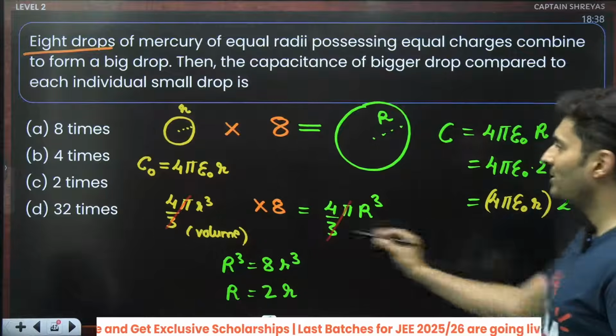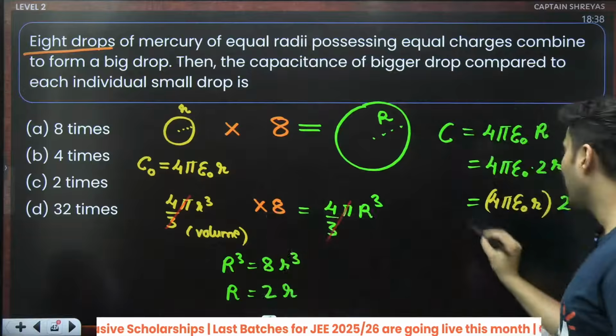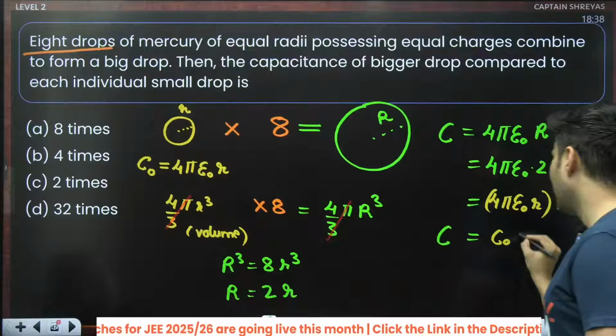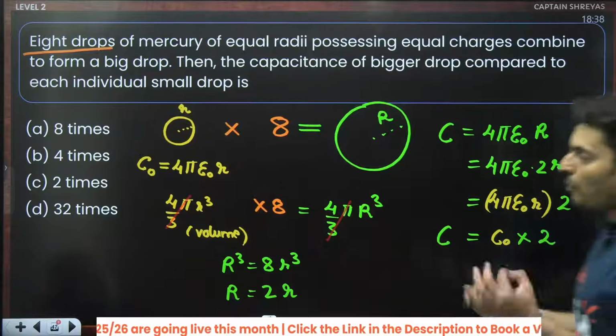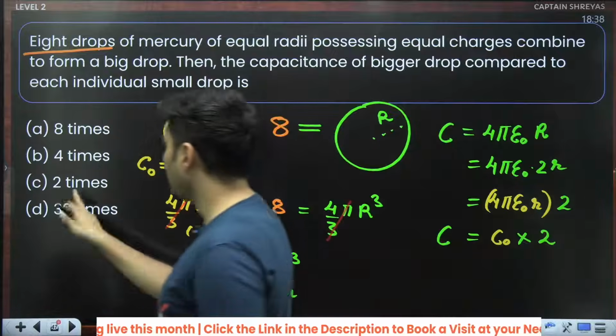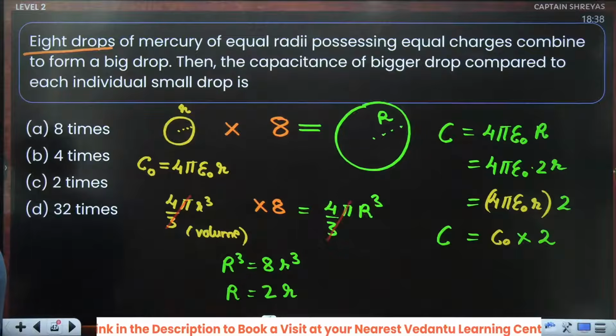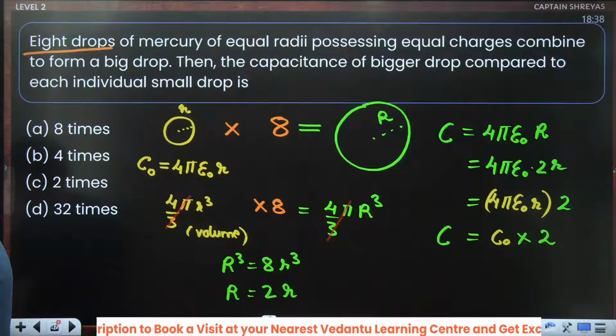This 4 pi epsilon naught r was the original capacitance, if you recollect it. That's it. So the new capacitance is the old capacitance multiplied by 2 times. So hence the answer will be 2 times. Option C. Fair enough? Yep.